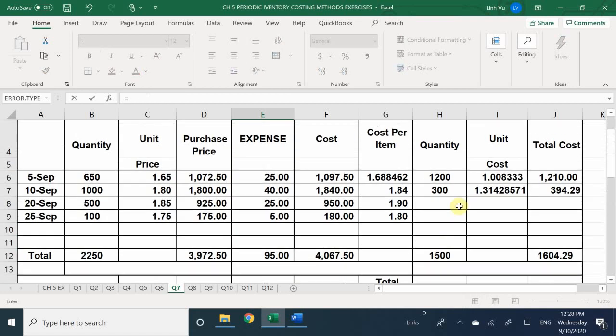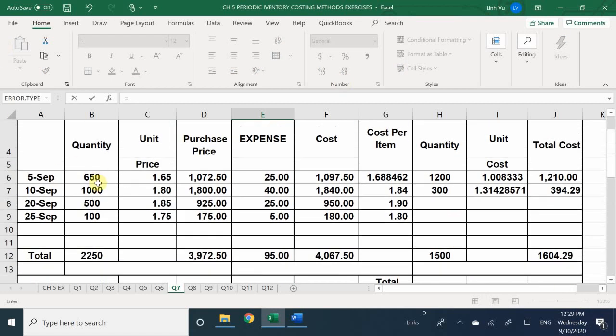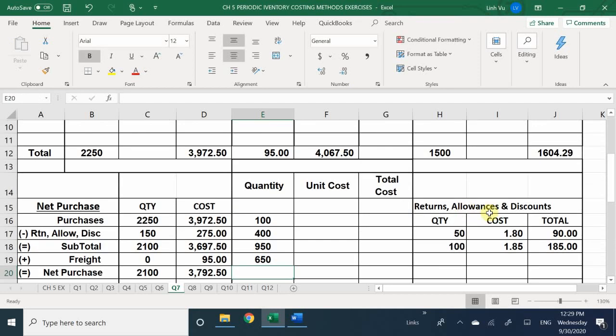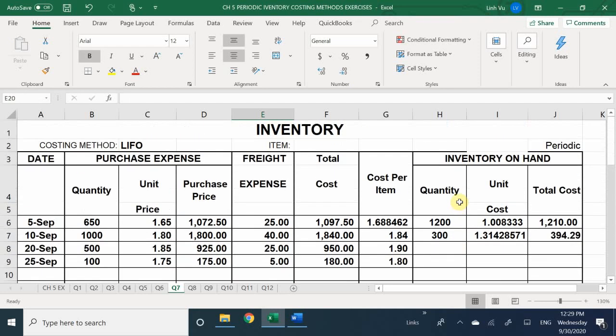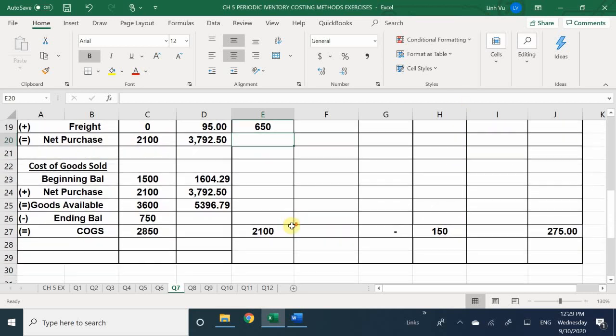And then the one before that is going to be for the 1,000, right? Which we ended up returning 50 of them. All right. And then lastly, we had our 650, which we did not tamper with. We did not make any returns for. So that one's going to be for their full amount.